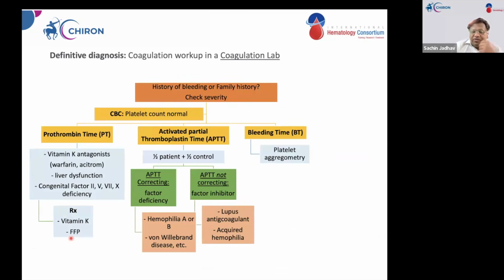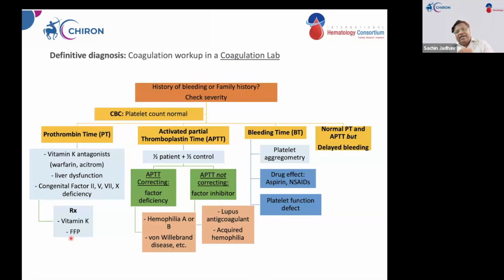Bleeding time is prolonged, we'll do platelet function test and figure out, is this a drug effect? Is it Bernard-Soulier syndrome, Glanzmann's, etc. And everything is normal, but there's bleeding. Like I said, we're going to look at factor 13 deficiency, where you get this delayed bleeding after surgery or delayed bleeding from the umbilical stump.